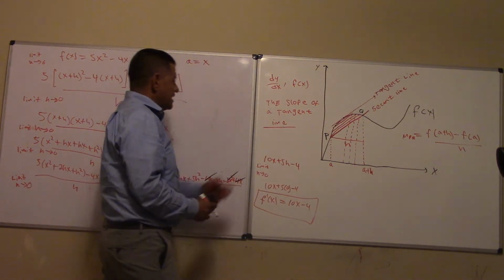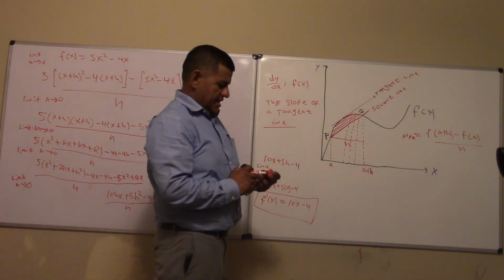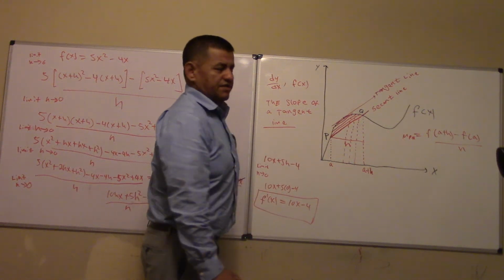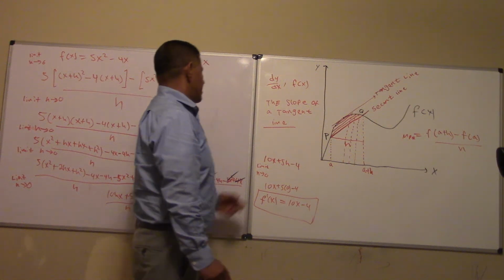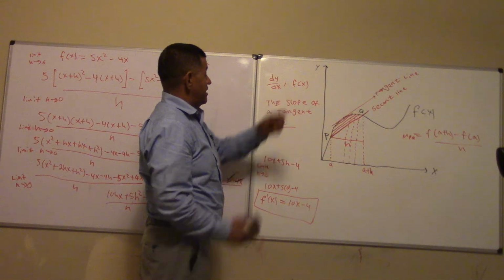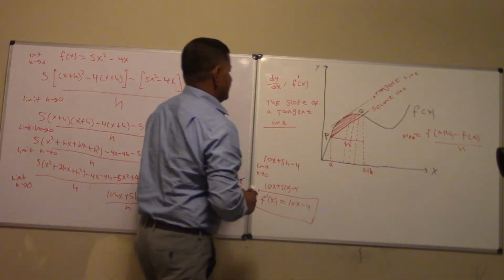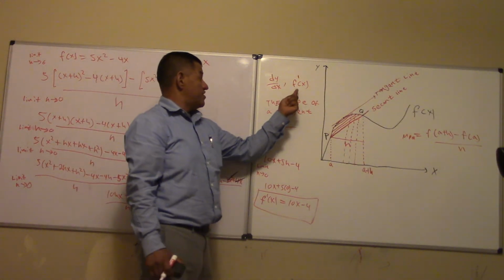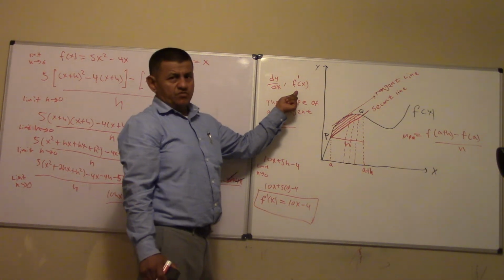You can say velocity. What is the velocity of this particle? It's the same thing, talking about derivative, right? The second derivative usually gives you the acceleration, but it's basically the same thing. Dy dx, f prime of x, right? And this notation was done by Isaac Newton.